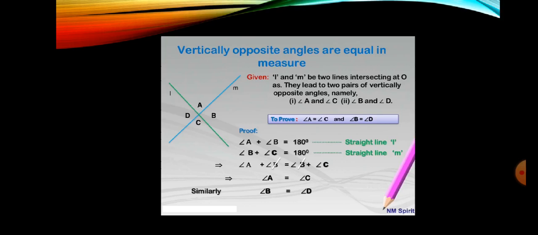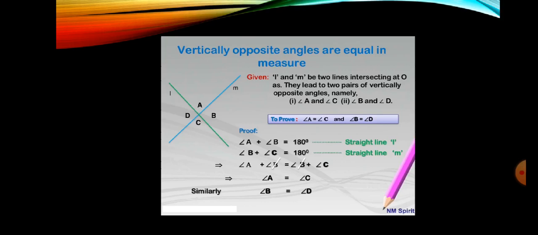Here we have to prove how they are equal. Our given part is that L and M are two lines intersecting at O. They lead to two pairs of vertically opposite angles, namely angle A and angle C as the first pair, and angle B and angle D as the second. We have to prove angle A is equal to angle C and angle B is equal to angle D.